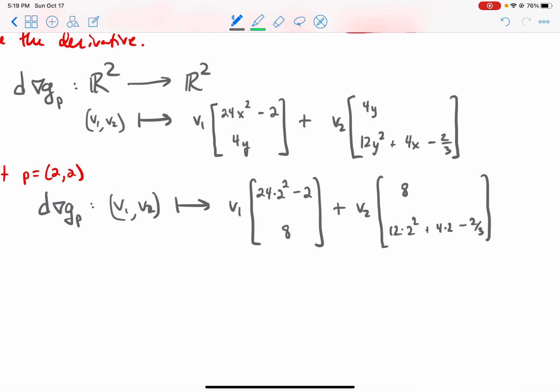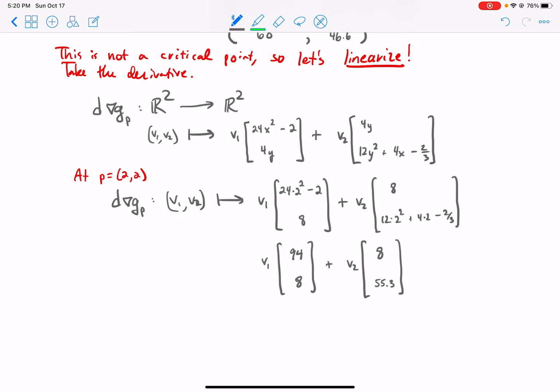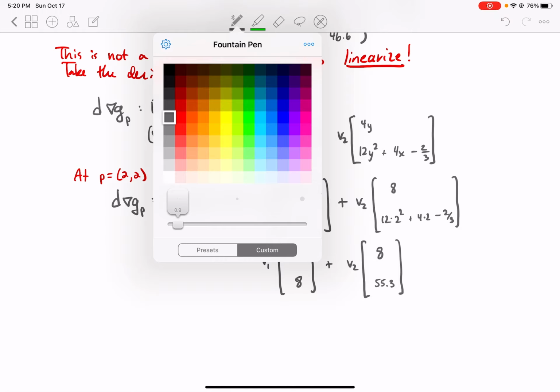So this is v1 times 4 times 24 is 96, minus 2 is 94, and 8. And then 4 times 12 is 48, plus 8 is 56, minus 2/3 is 55.3333, etc.